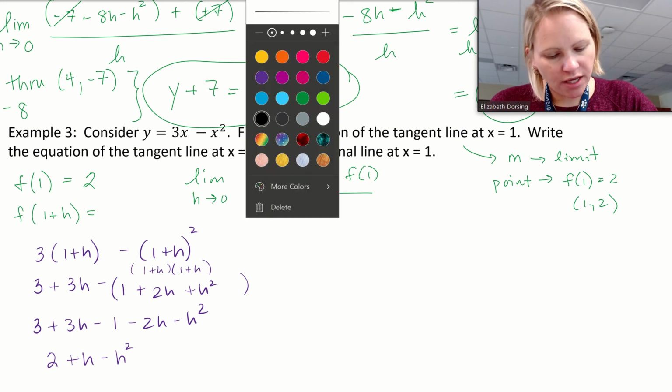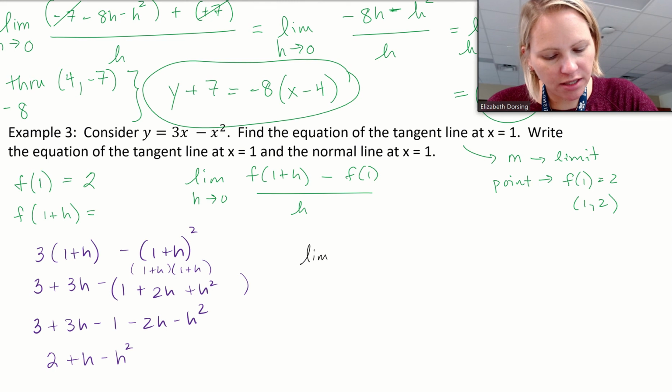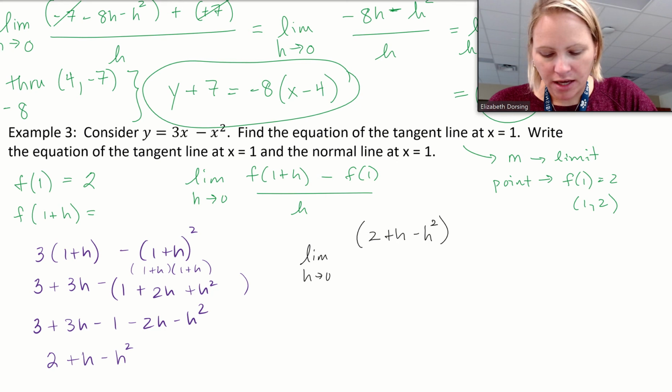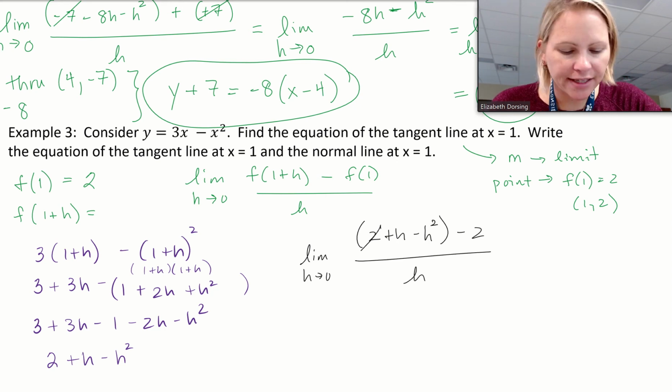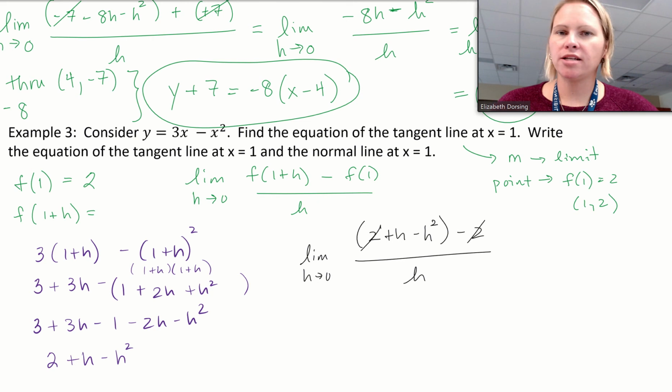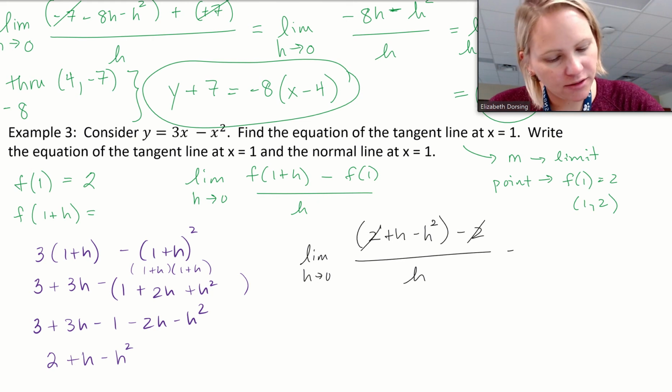So let's go ahead and do that now. So the limit as h approaches 0 of 2 plus h minus h squared, and then minus 2 all over h. My 2's cancel again. Oh my goodness, what a pattern I am seeing here.